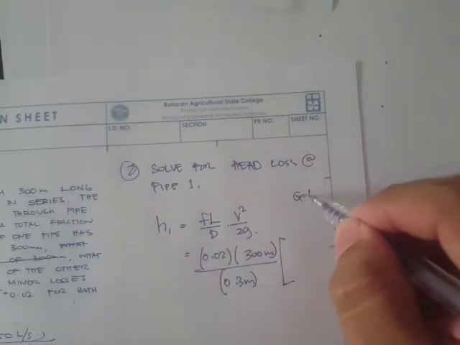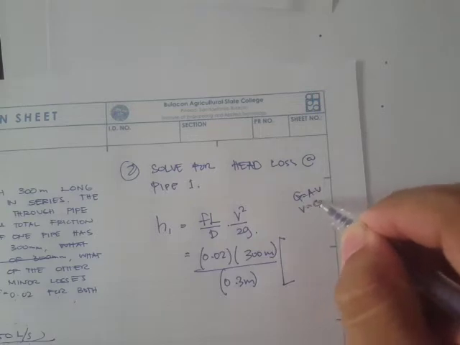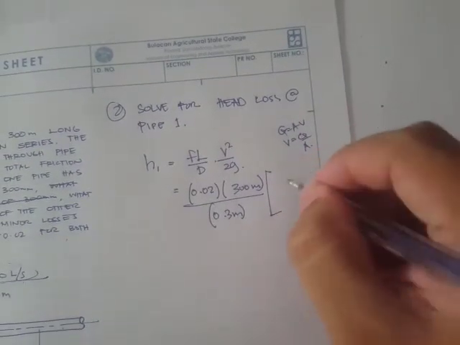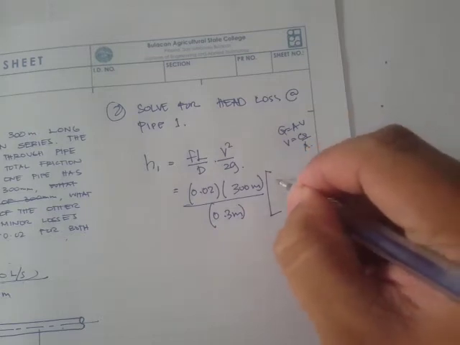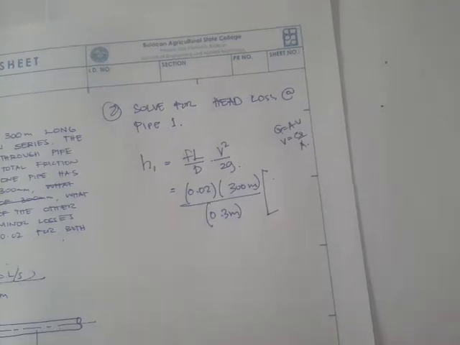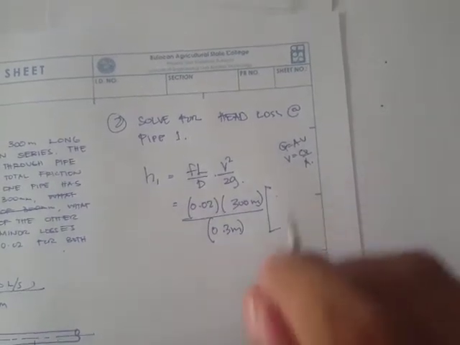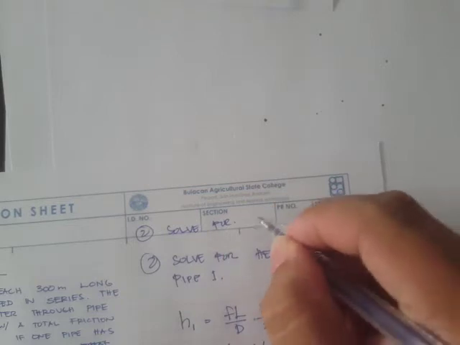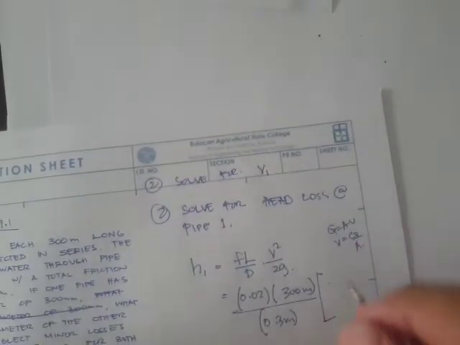Recall the equation Q is equal to AV, and therefore V is just Q over A. So let's solve for V1.